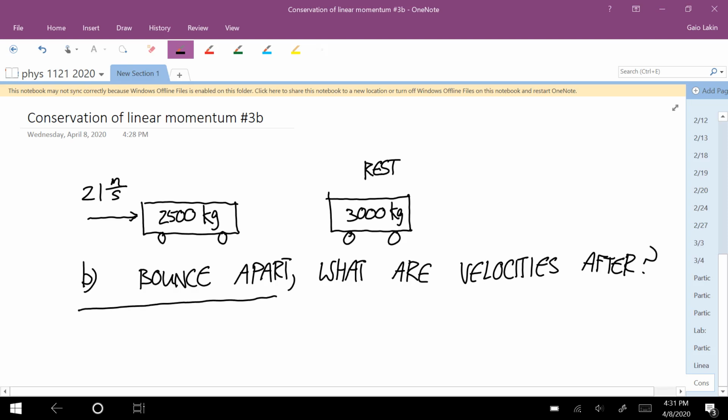Well, the first thing we're going to do is conservation of linear momentum. What we're going to see, I've mentioned this before, is that that's not enough information for us to figure out what's happening after the collision. And so we're going to have to come up with something else.